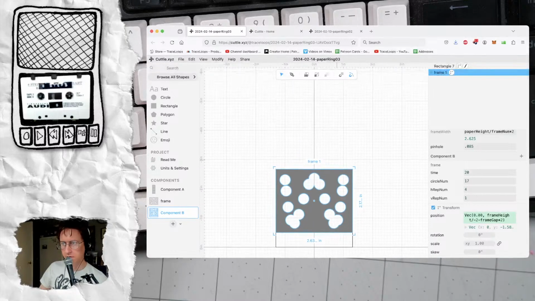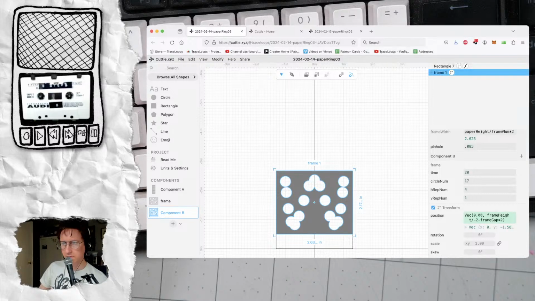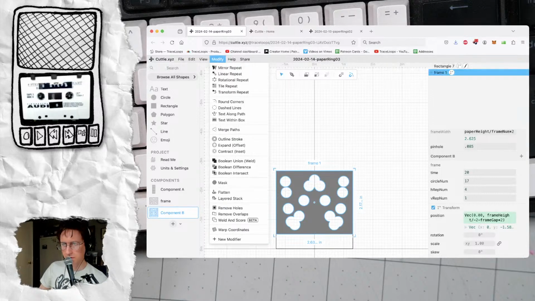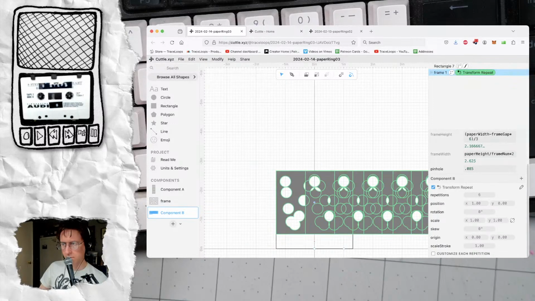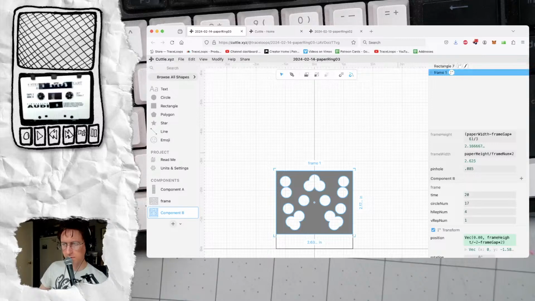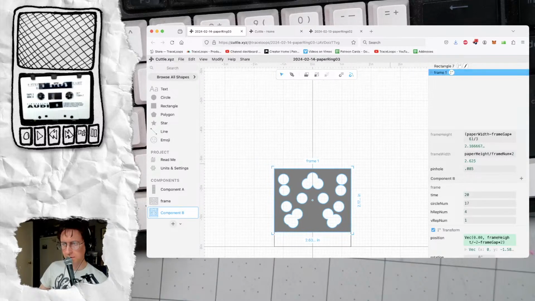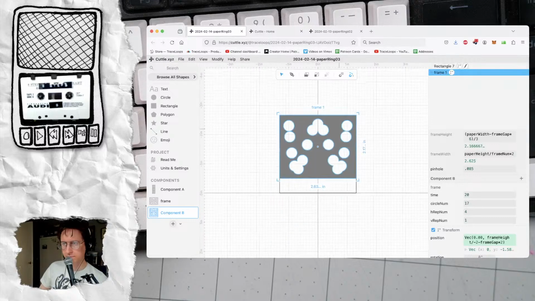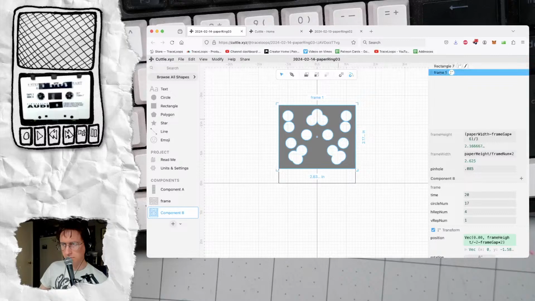And modify, transform repeat. No. I think I might just do this as like a simple guy.